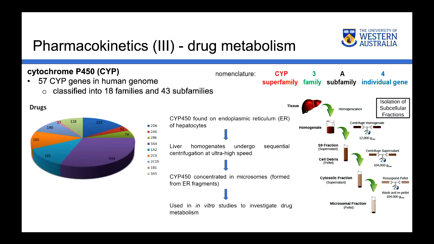The way to do it is collect the livers from rats or mouse and then smash them to produce homogenates, and then the homogenates will undergo centrifugation a few times at ultra high speeds, and each centrifugation will separate certain components, and at the end you will end up with this microsomal fraction where the microsomes are rich in CYP enzymes. Then you can use these microsomes to conduct in vitro studies to look at whether a drug undergoes CYP-mediated metabolism.